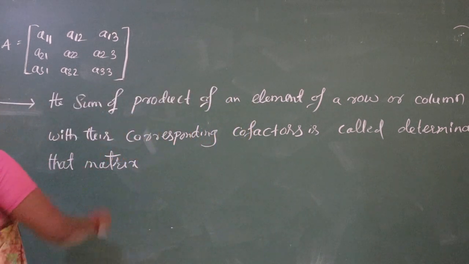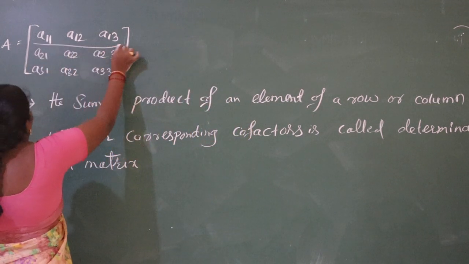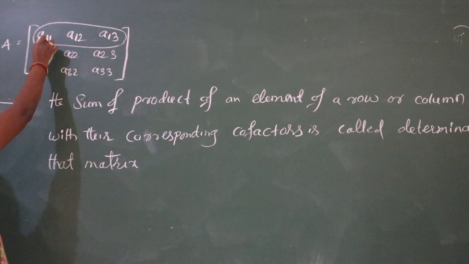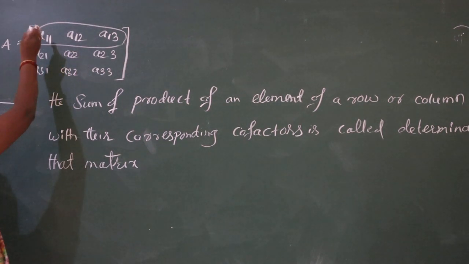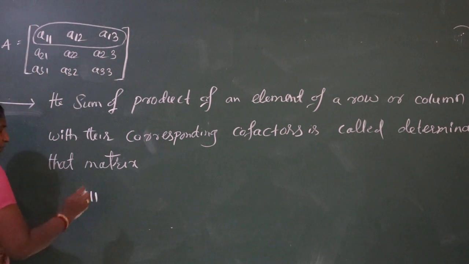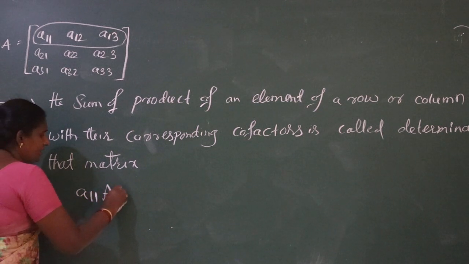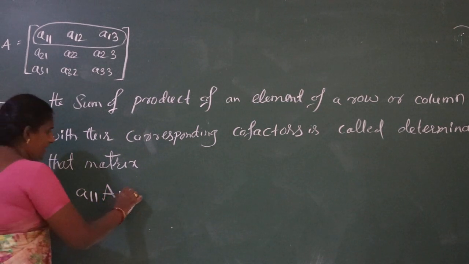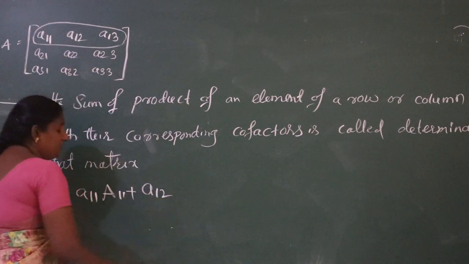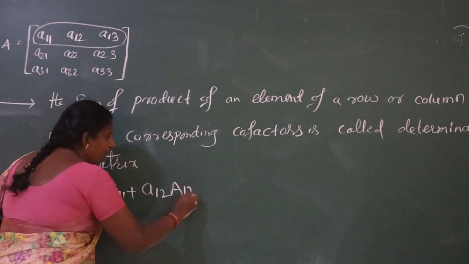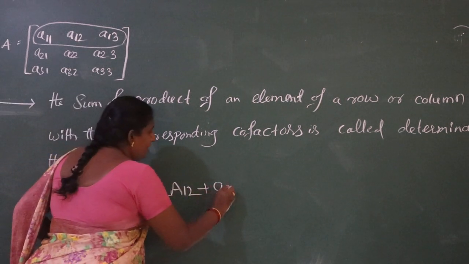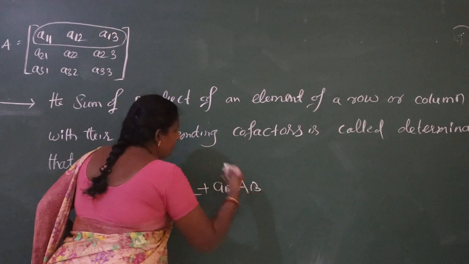That means, suppose I choose the first row, these elements I have to multiply with their corresponding cofactors. Small a11, its corresponding cofactor is capital A11, plus next small a12, its corresponding cofactor is capital A12, plus next one is a13 into capital A13.